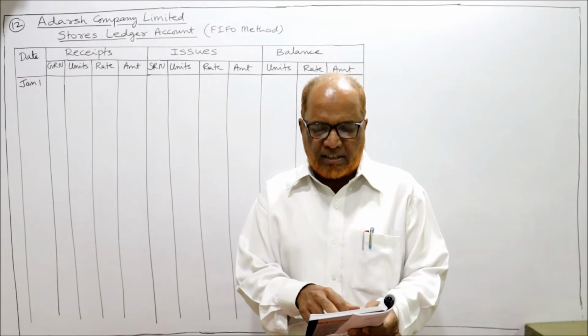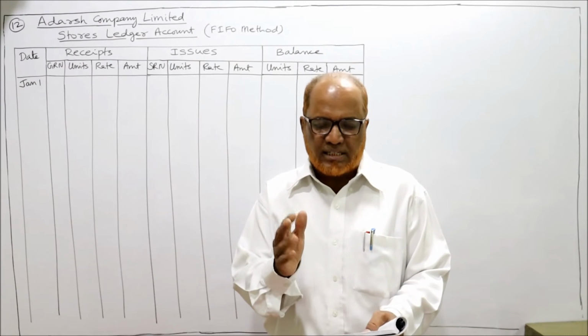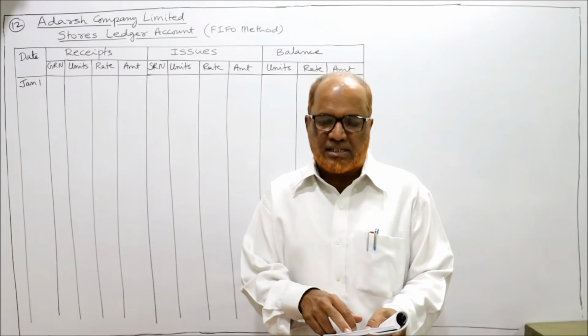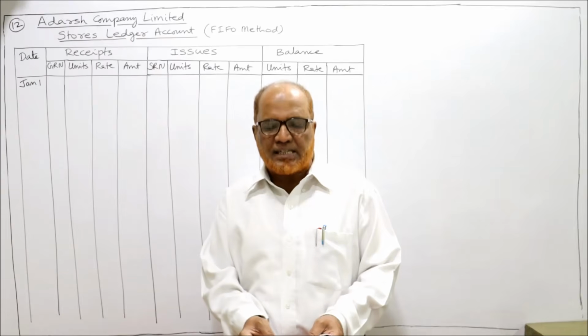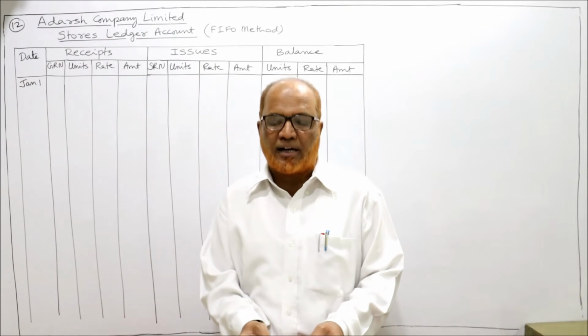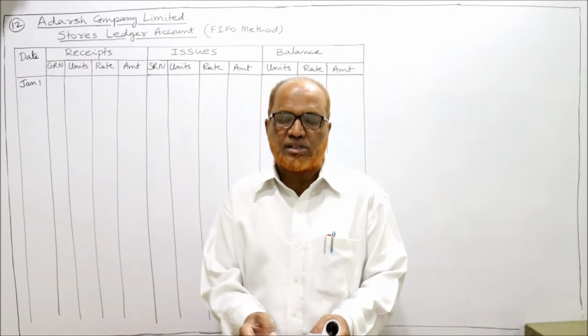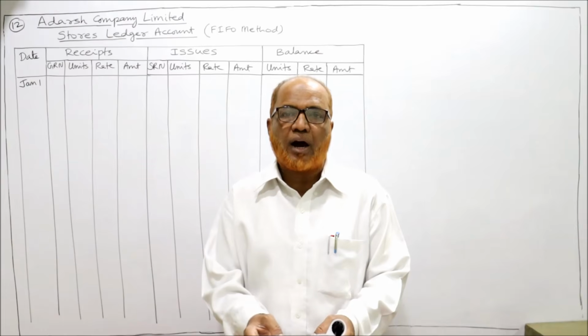Then on 4th January there is a purchase of 600 units at 4 rupees. On 6th January there is an issue of 500 units. On 10th January there is a purchase of 700 units at 4 rupees. On 15th January there is an issue of 800 units. And on 20th January there is a purchase of 300 units at 5 rupees. On 23rd January there is an issue of 100 units.